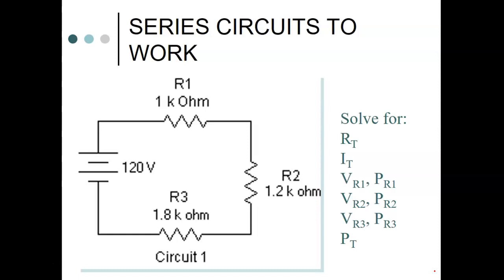And R3? 54 volts. So if I add 36, 54, and 30, do I get 120? Just as a quick way to check my work. If I add 54 to 36, that should give me 90 plus 30 is 120.